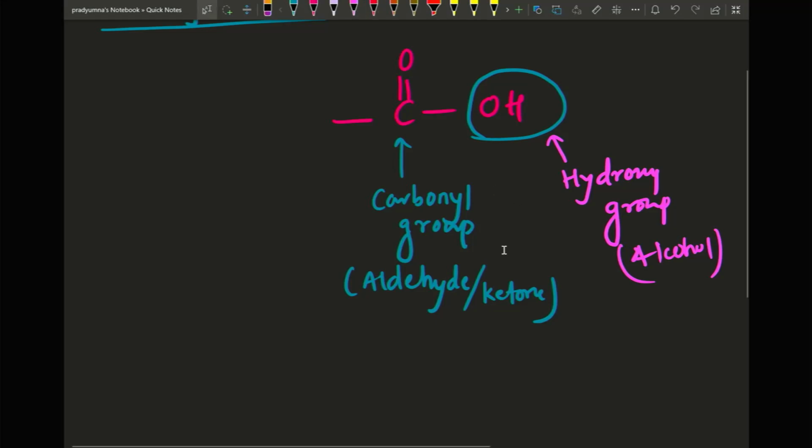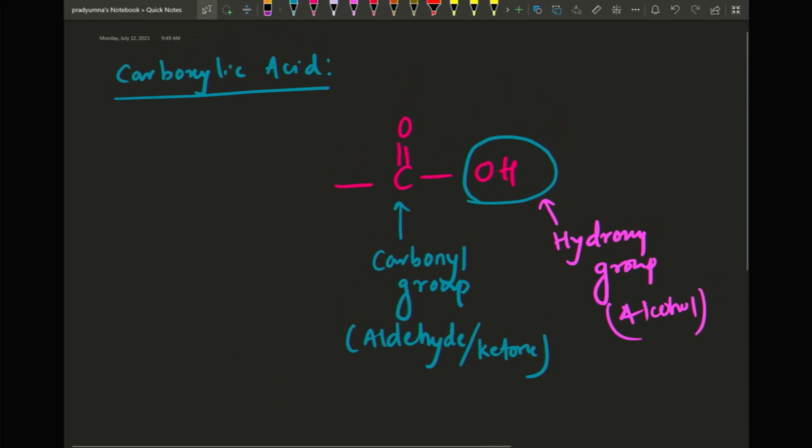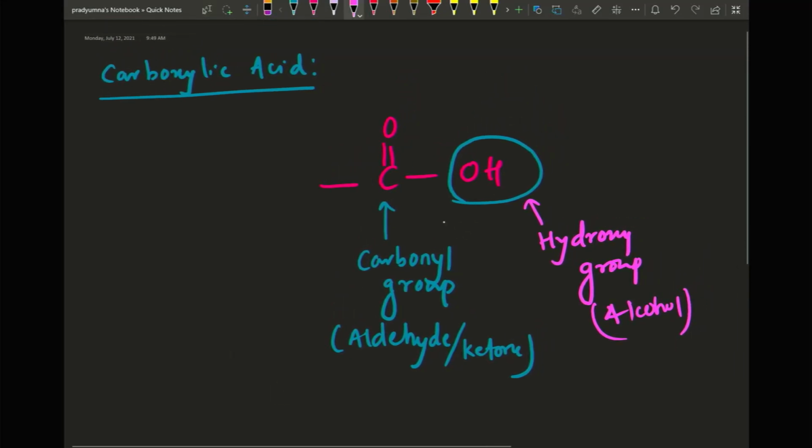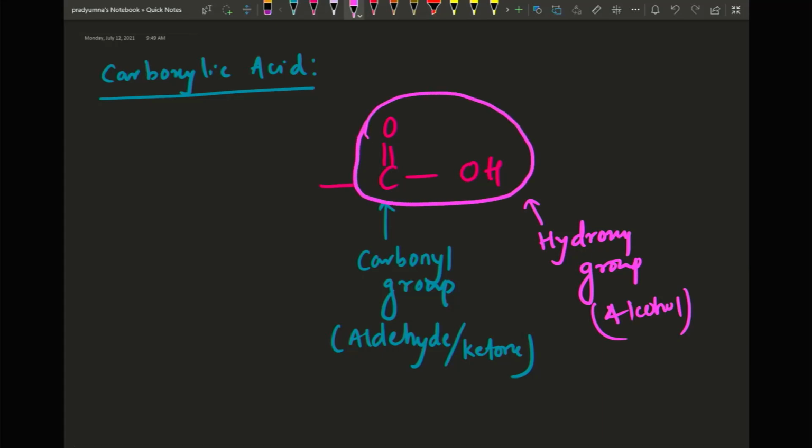So when you have both of these together, this whole thing is called the carboxyl group.